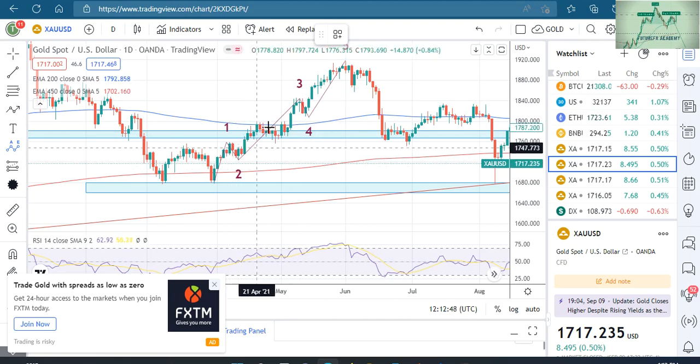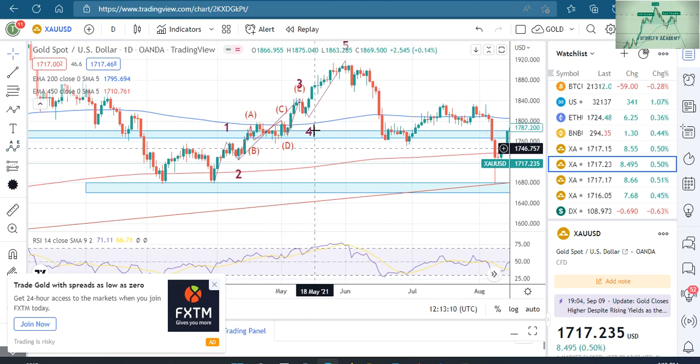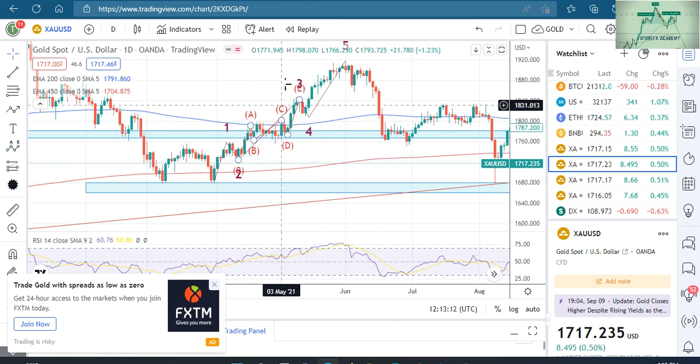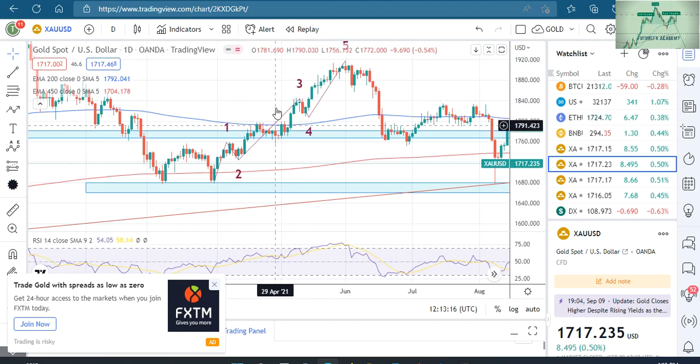Most of the time when it happens like that, you may not see a perfect clear move, but when you go to a lower time frame, it gives you the true definition of the wave equation. So we have wave inside wave.